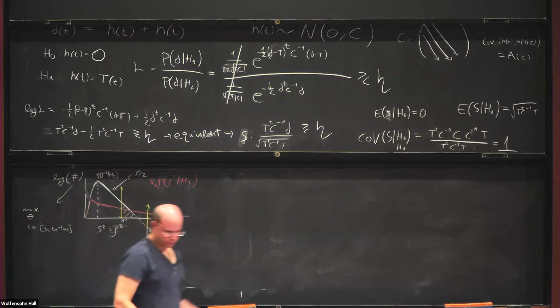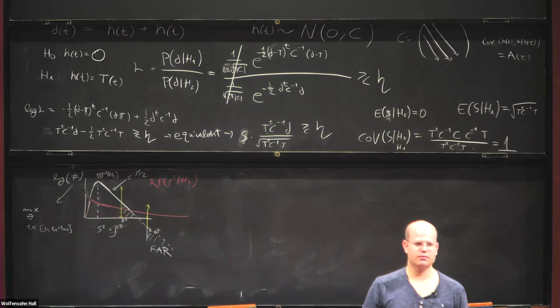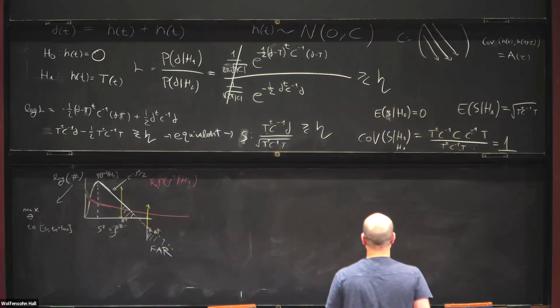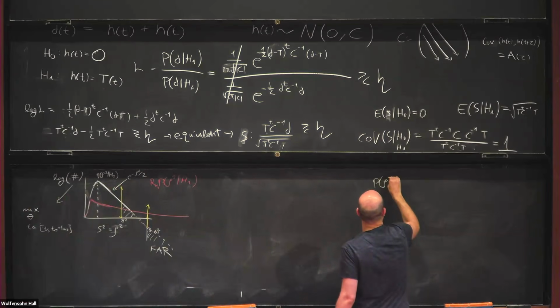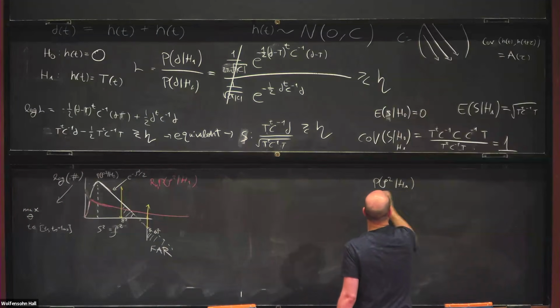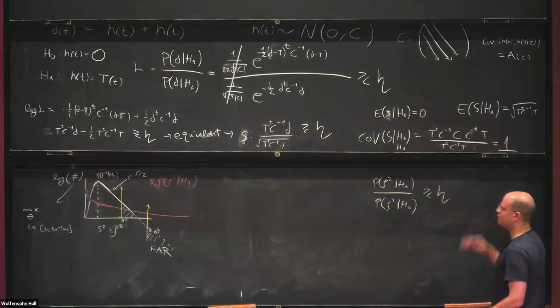Okay? So now this red thing doesn't have an actual scale-free thing. And again, we are making a decision, and the data in front of us is just rho squared. So how should we make the decision? Probability of rho squared given h1 divided by the probability density of rho squared given h0, right? Bigger or smaller than eta. Okay, so that's the decision.